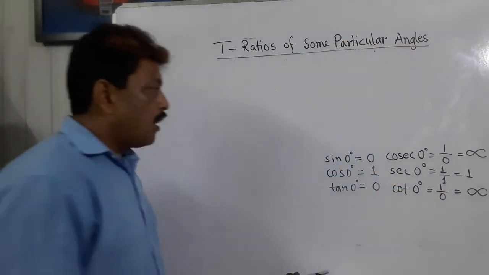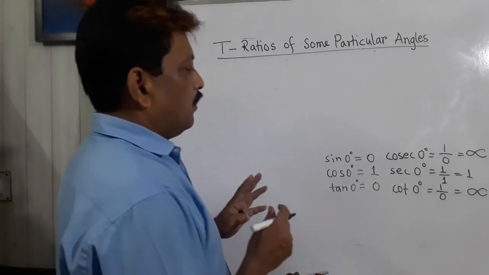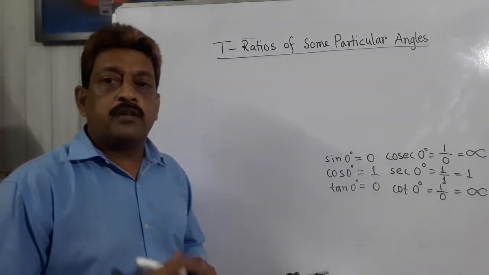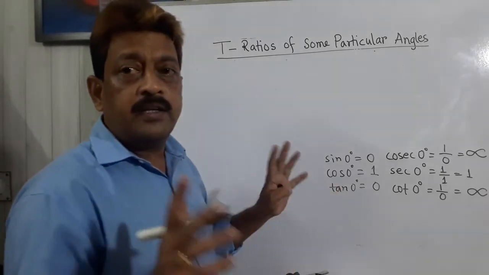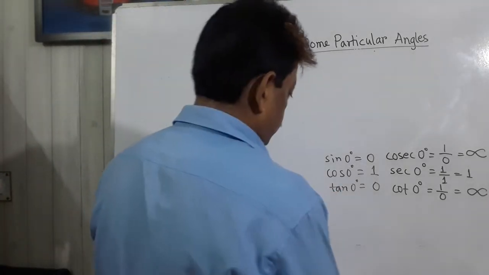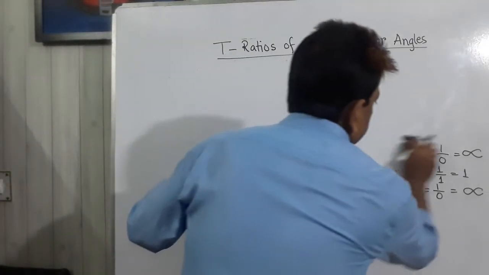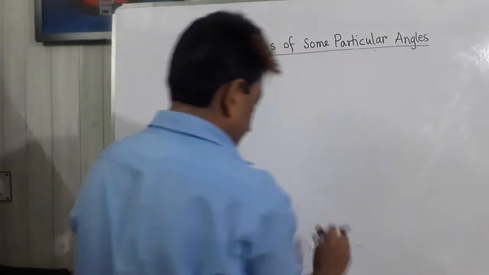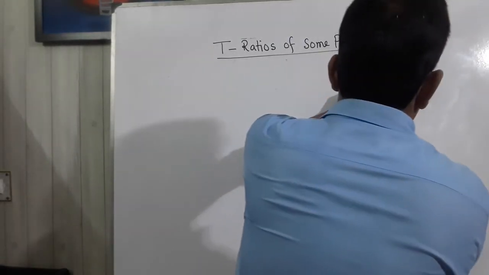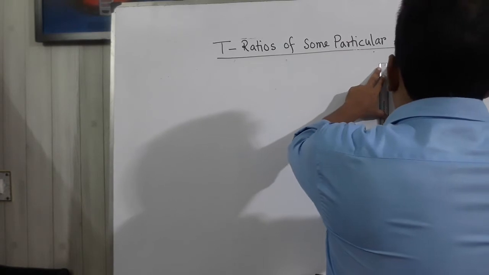Okay, now let us find the values of sin 90, cos 90 and tan 90. So again let me draw one triangle.